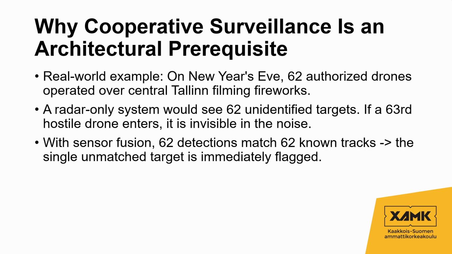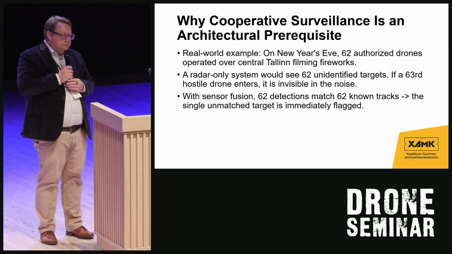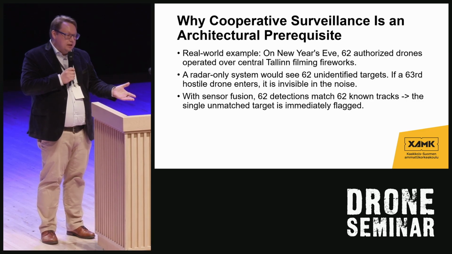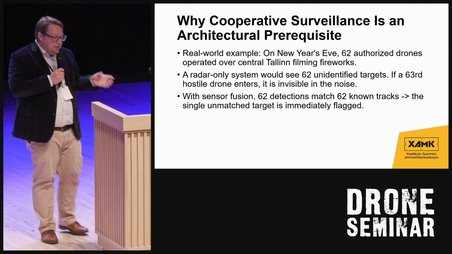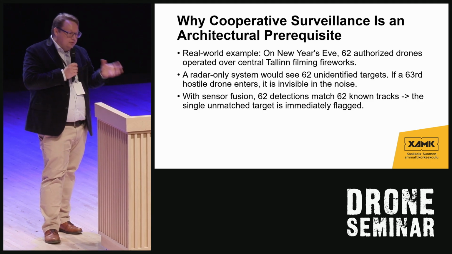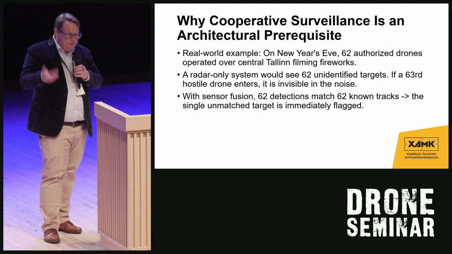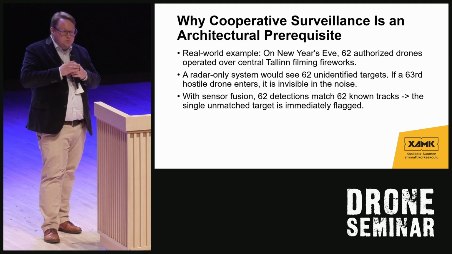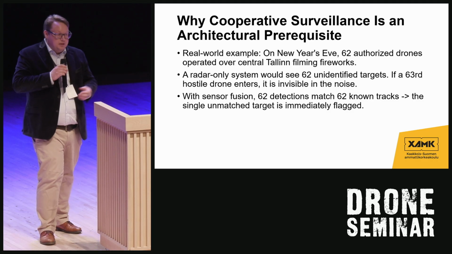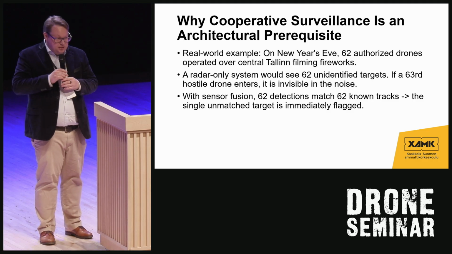But if you have the remote ID receiver, you can straight away tell that 62 of these are operating legally, or at least following the legal regulations to send their position, and this one is not sending anything, so maybe it's a bigger risk than the rest of the 62.